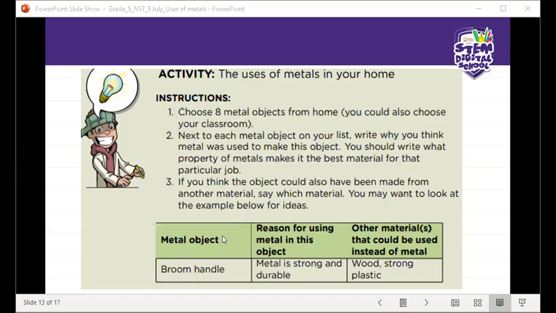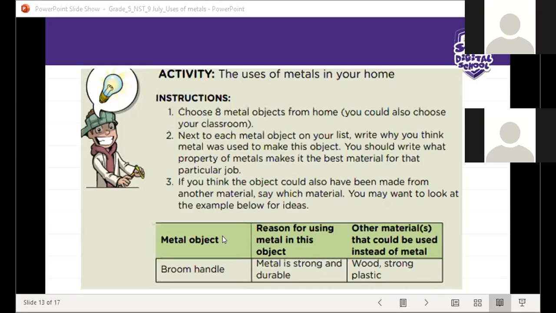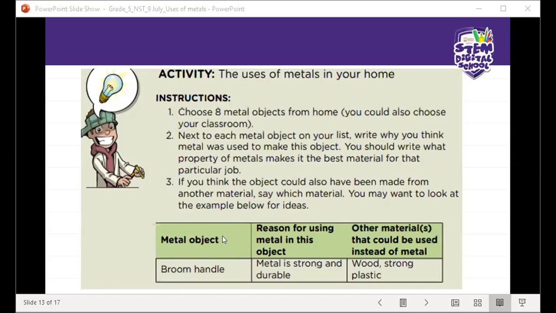And we also said metals are dense, metals conduct electricity and heat, metals are malleable, metals are ductile, and metals can withstand high heat or high temperatures without melting or changing their shapes. Okay, so these are the properties of metals that I have just mentioned to you.